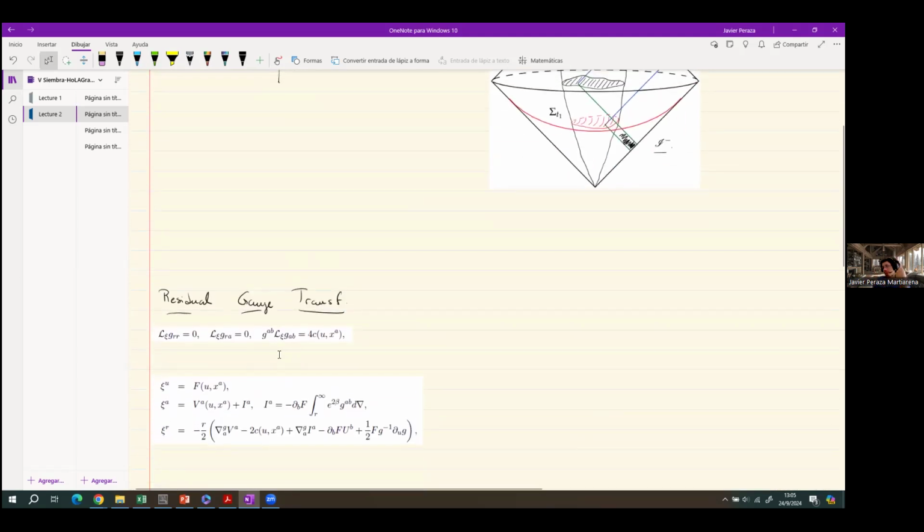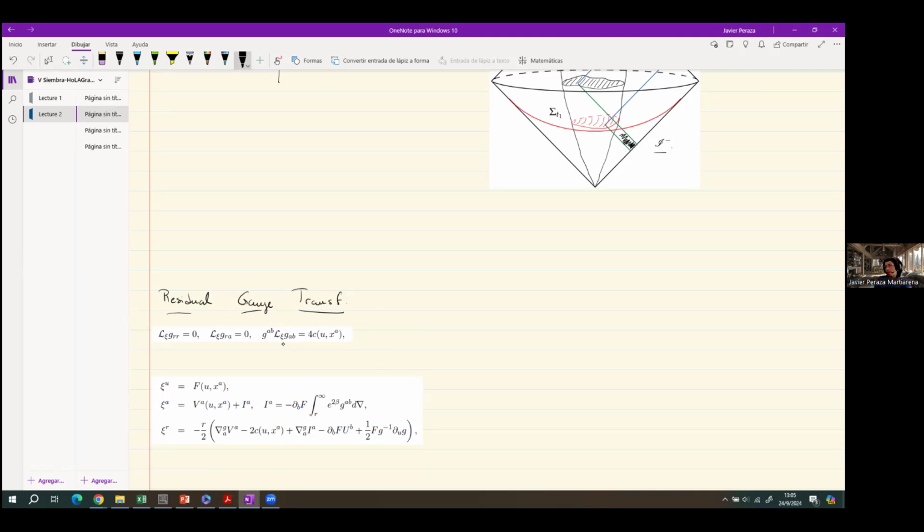And we also state that the derivative of the determinant of the AB part of the metric is a function only of u and the coordinate on the sphere. This is a technical part because we do not want to mix the determinant of this part of the metric with the luminosity coordinate, which is r. So that's the whole point of calling the coordinate the luminosity coordinate.